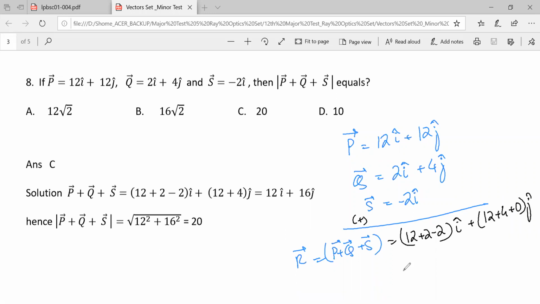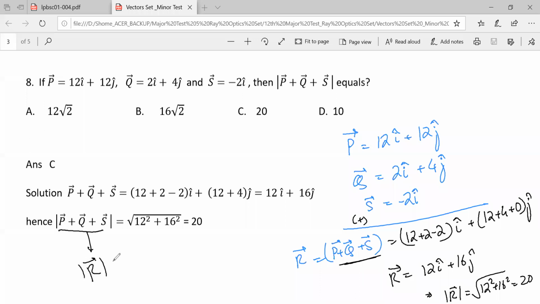So this is becoming 12 i cap plus 16 j cap. So our resultant vector, which is the sum of p and q and s, is this. So the magnitude of the resultant vector is root of, okay, that's 20. Now this is mod of r only. That is 20.